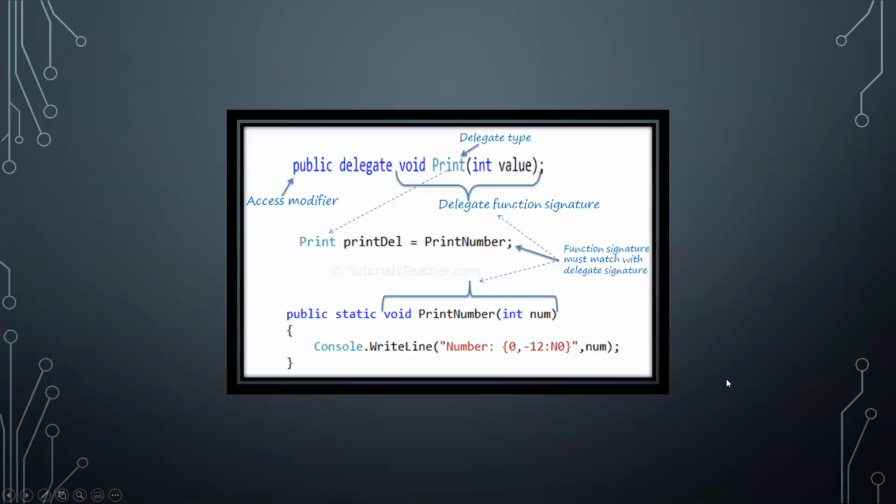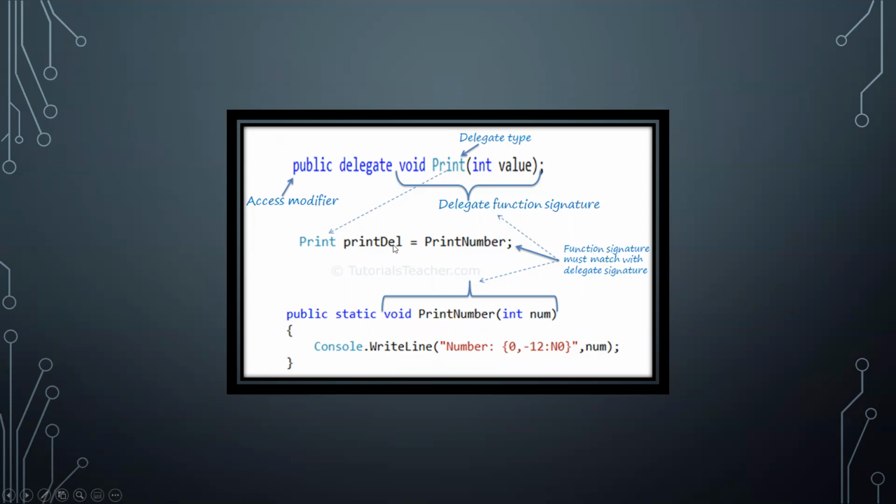So here's a really interesting picture. Let's say we wanted to create a delegate for something else. We have this method, print number, where we're printing out some different things. We would like to be able to set up a print class or a print activity named print del.